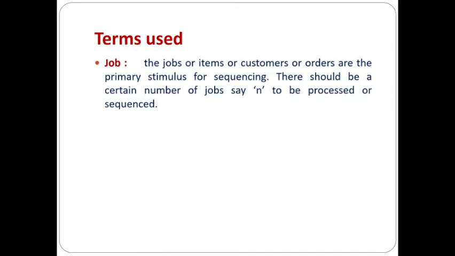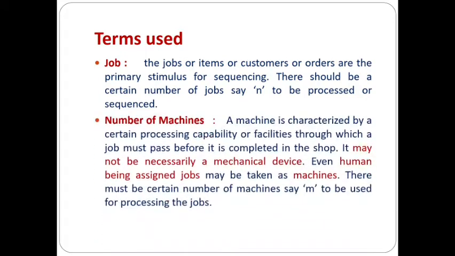Here there are some terminologies used. First one is job. The jobs are items, customers, or orders, the primary stimulus for sequencing. There should be a certain number of jobs, say n, to be processed or sequenced. And the next terminology is number of machines.